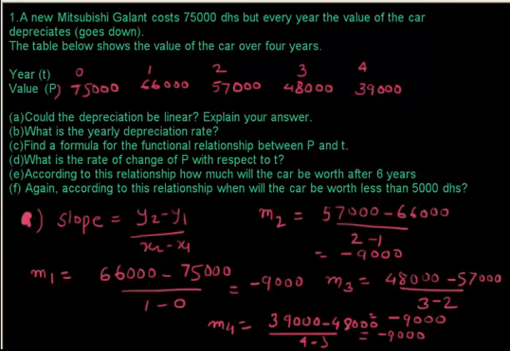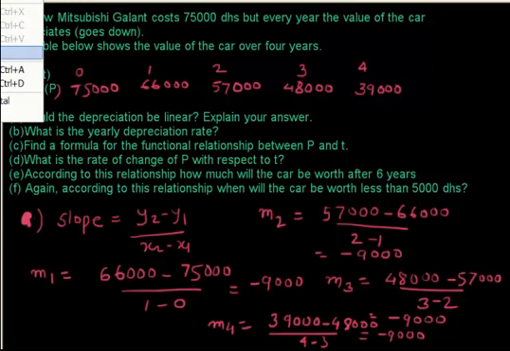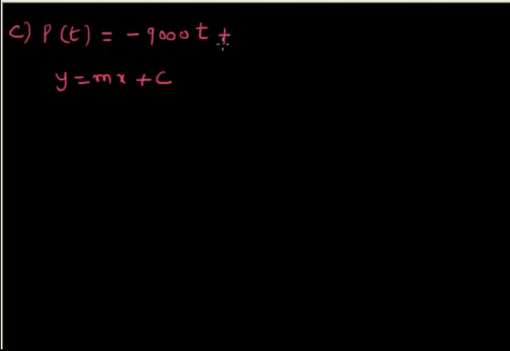We are going to solve the C part now. For the C part, the functional relationship between P and T, P in terms of T. Comparing with y equals mx plus b, x is the independent variable, and m is the rate of change, that is minus 9,000 here. So P equals minus 9,000 T plus c.